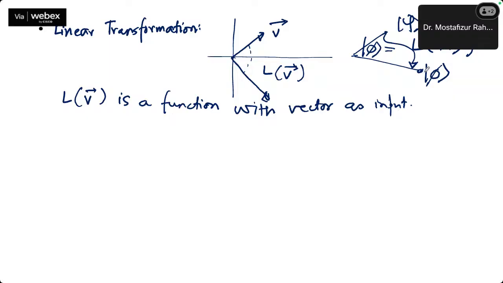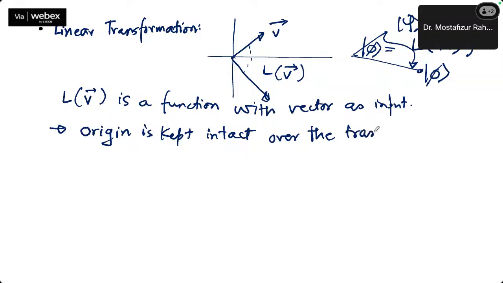Now in this particular case, I'm telling you it is a linear function, and by calling it a linear function, I say that in this transformation, the origin is kept intact. I won't change the origin over the transformation.